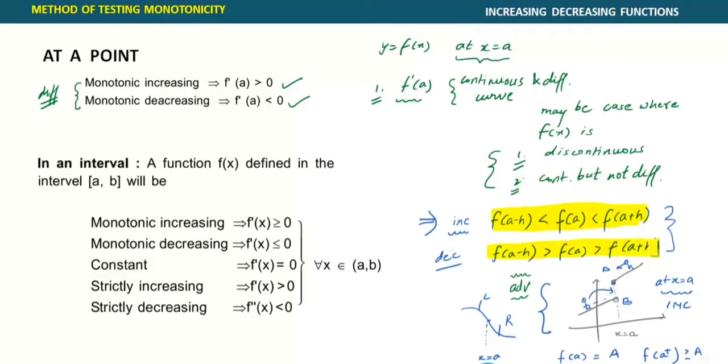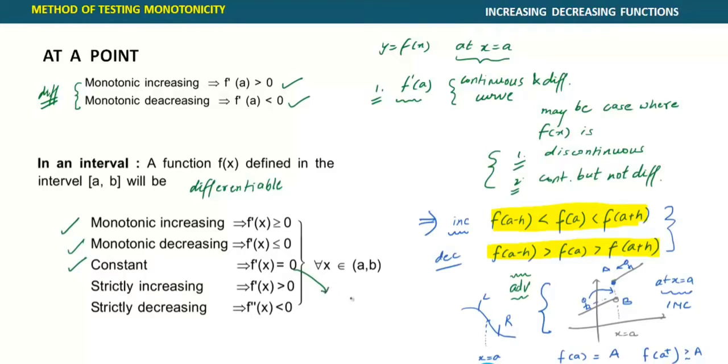Now what will happen if somebody asks you in the interval? Okay, if x belongs to a to b, again what we are saying is that f(x) is differentiable. We will talk about the interval part only when it is differentiable. So if it is monotonically increasing, we'll say f dash x should be greater than 0. Decreasing, f dash x should be less than 0. If it is a constant function, the derivative will be 0. Why?